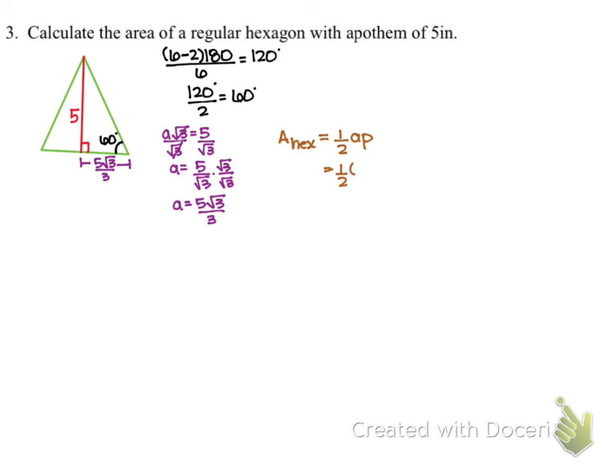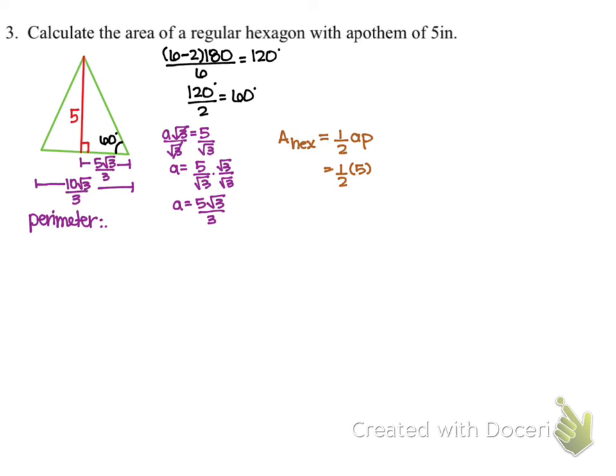That's 5. The perimeter, okay. To find the perimeter, we need to know the total length here. Well, all I'm going to do is double this guy. So it's 10 root 3 over 3.